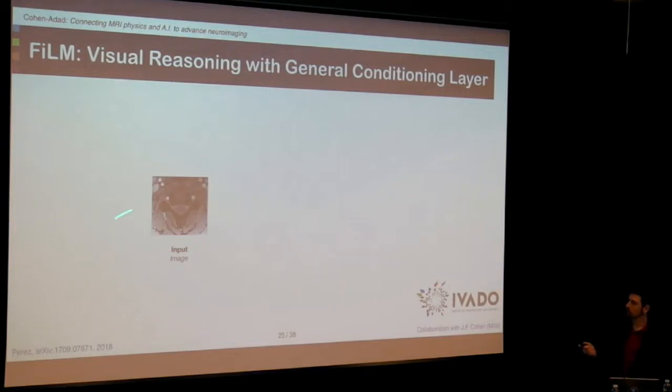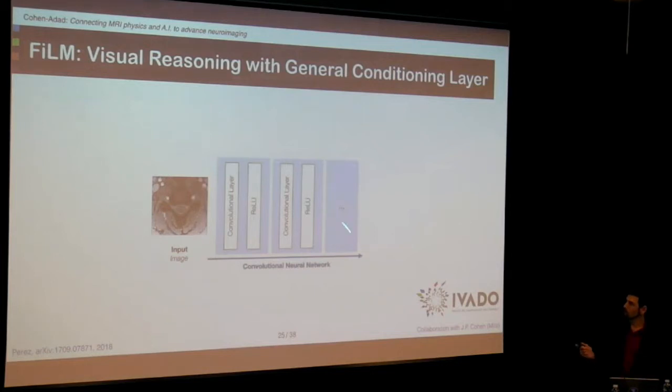So let's take an image, an MRI image, as an input. A traditional convolutional neural network would then learn to do a specific task. In that case, it would be to automatically segment the spinal cord, which you see in the middle of the image here. Okay.